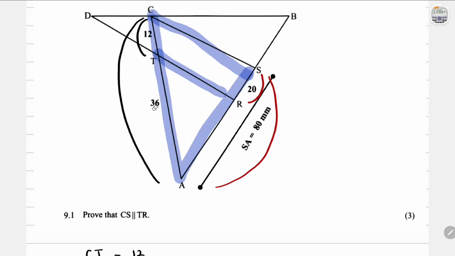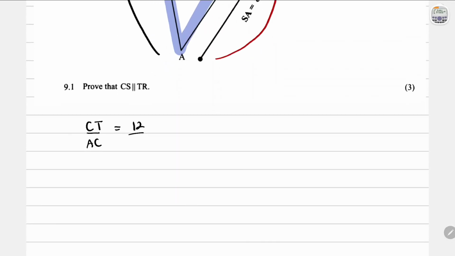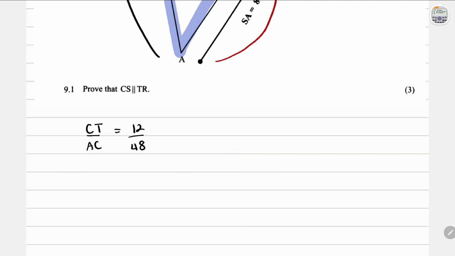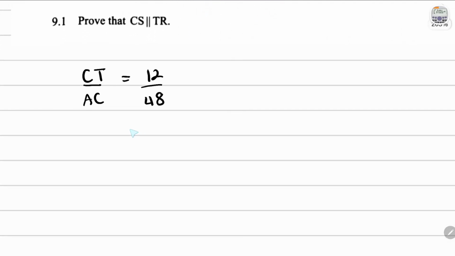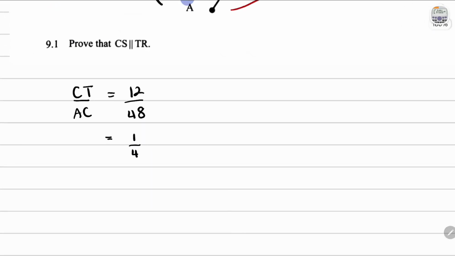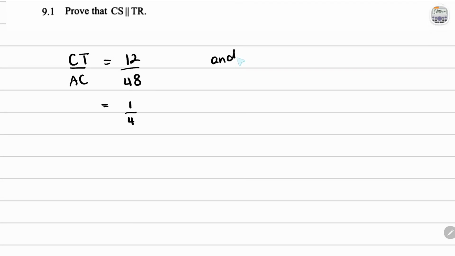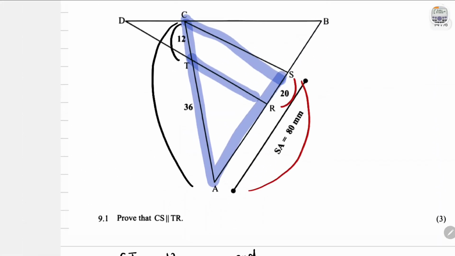If you add that together, that's 48, so over 48. This simplifies to, well, I know that 12 can be divided into 48 once, and 12 goes into 48 four times, so that's going to be 1 over 4 that it simplifies to. I'm just going to write it next to it because it doesn't really need to be under.